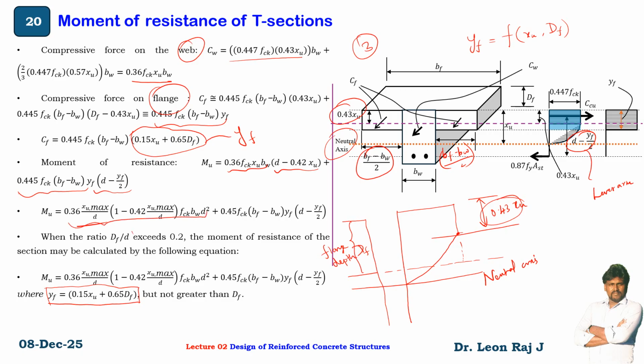This is for the web portion, and 0.45 fck (Bf minus bw) into Yf into (d minus Yf by 2) is for the flange portion. So the total moment of resistance is the moment of resistance offered by the web plus that offered by the flange. The limiting moment is just a replication of these things, the same equation.